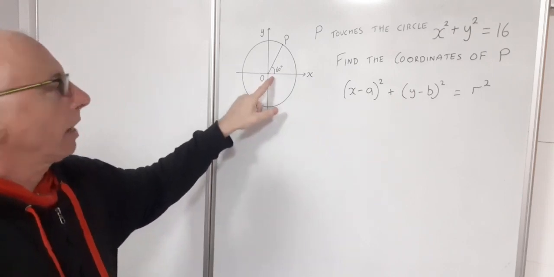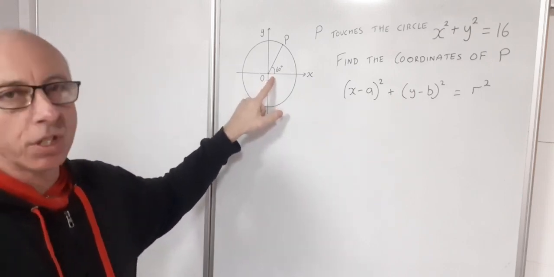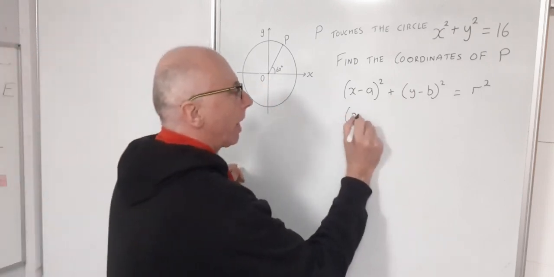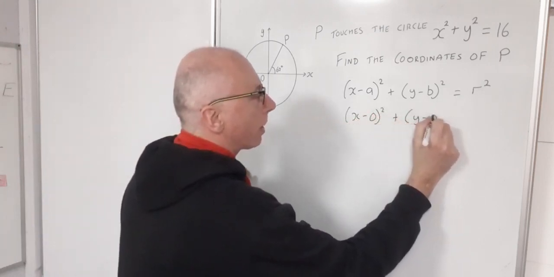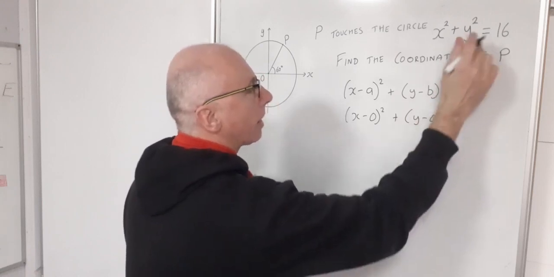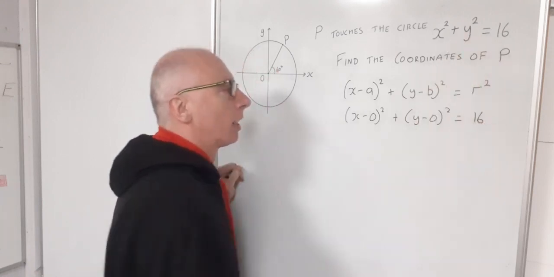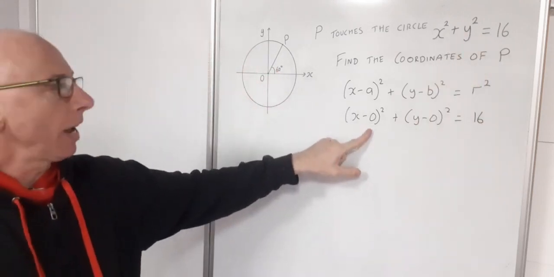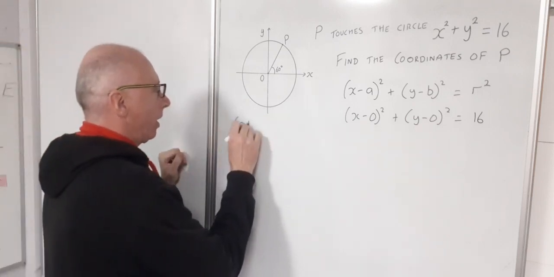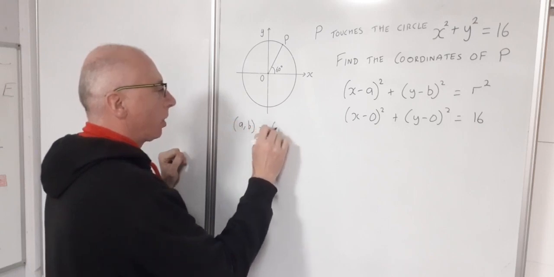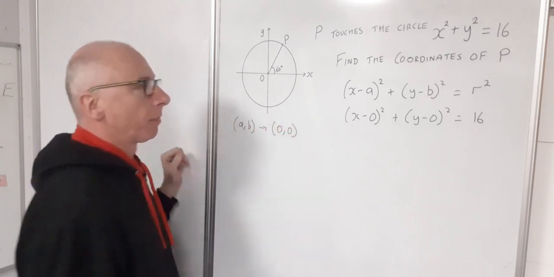You can see here that this circle is centred at the origin. So here we've got (x minus 0) squared plus (y minus 0) squared equals 16. So therefore it's centred at a and b, which is 0, 0.